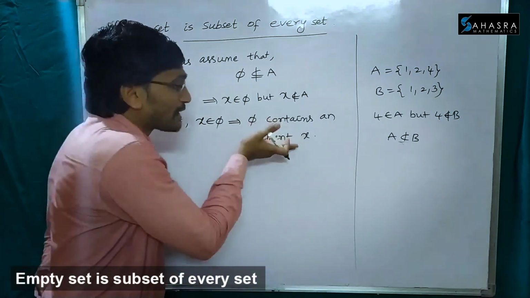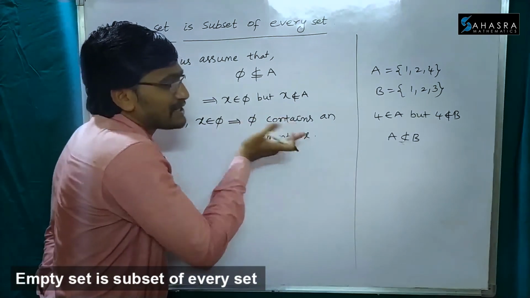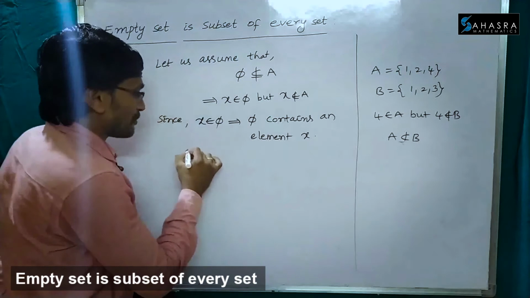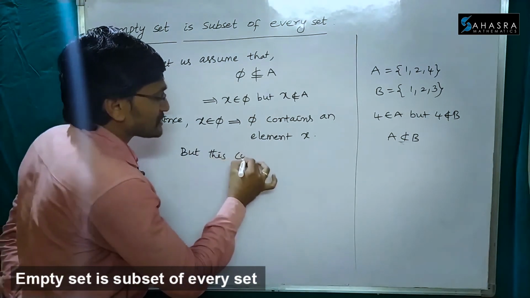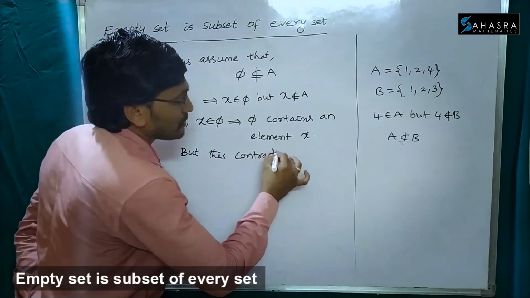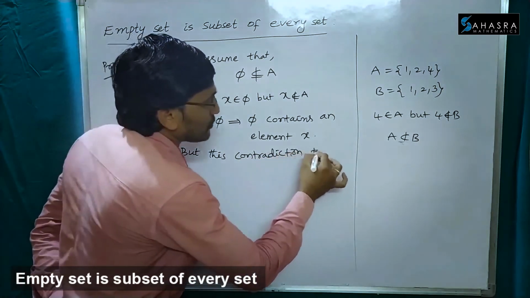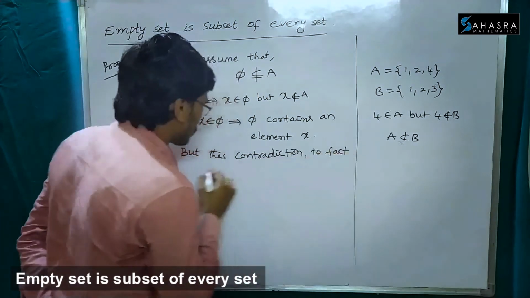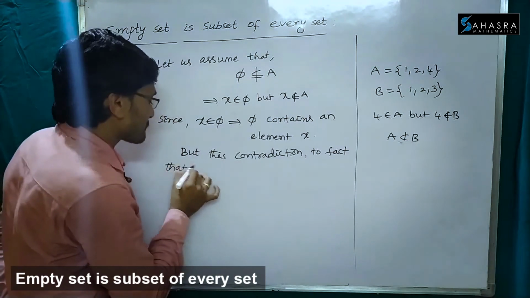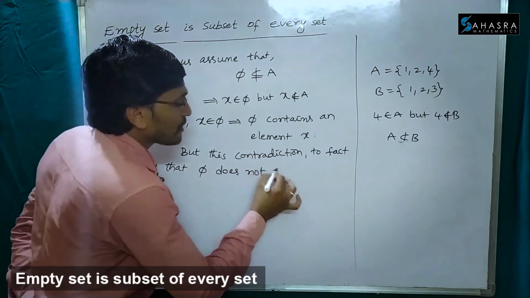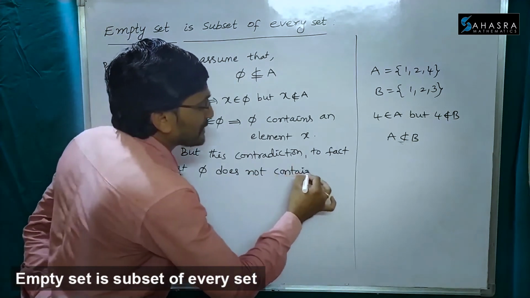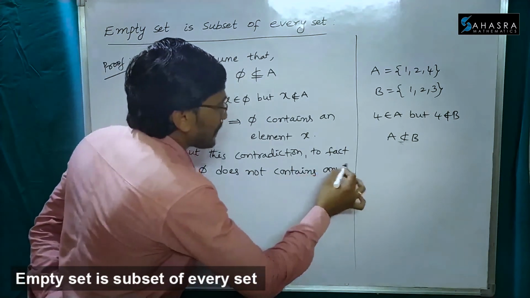But here we got that phi is a set containing an element x. So this is a contradiction to the fact that phi does not contain any element.